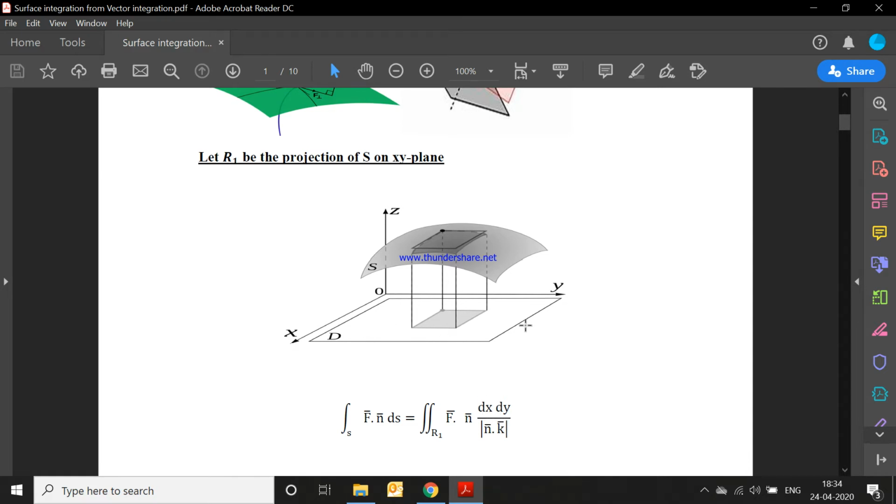Here the projection is on the xy plane, so we write dx dy by modulus of n bar dot k bar. n bar is a normal to the surface and k bar is the unit normal along the axis. Here the normal is parallel to the z-axis, so the unit normal is k bar, so we write n bar dot k bar.